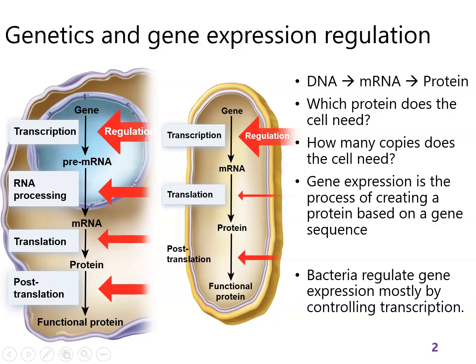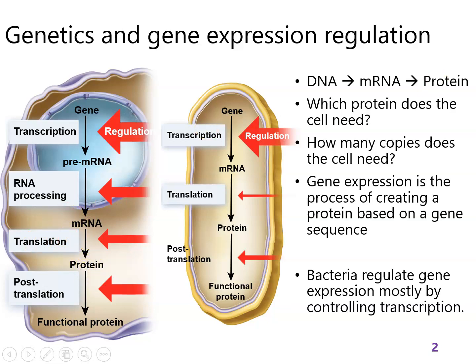So what we can do is compare what you know about human cells, like this one on the left, to bacterial cells. And this is laying out for you the central dogma of biology, where we have something like DNA that is transcribed to make RNA, and that is translated to make a protein.